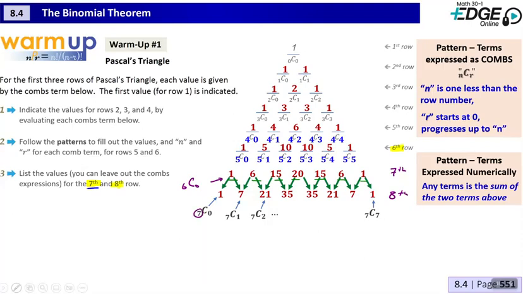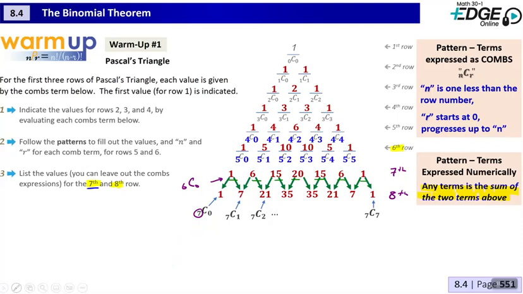And the reason that's important is, even though it's probably a lot easier to just take the sum of the two terms above, it's not going to help us if I ask you for a later row. Like, let's say I asked all of a sudden for the 11th row or the 14th row. Well, you would have to write out all the rows that come before the, say, 14th row before you could tell me what was in the 14th row.